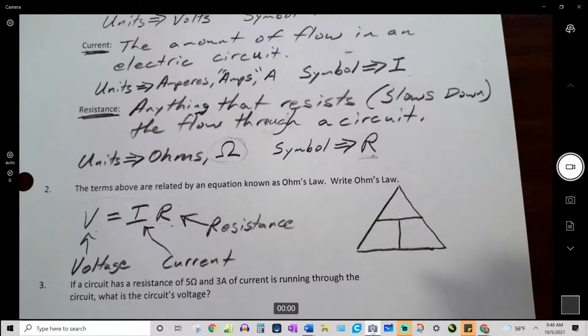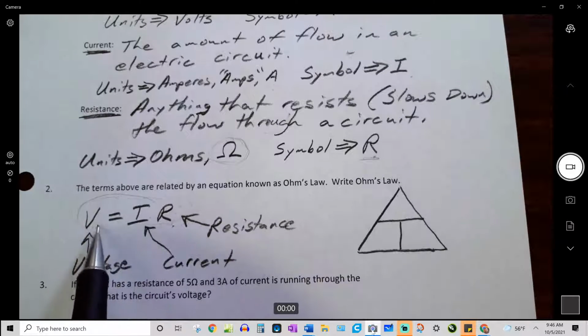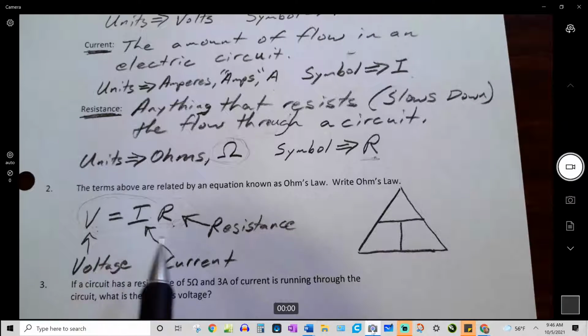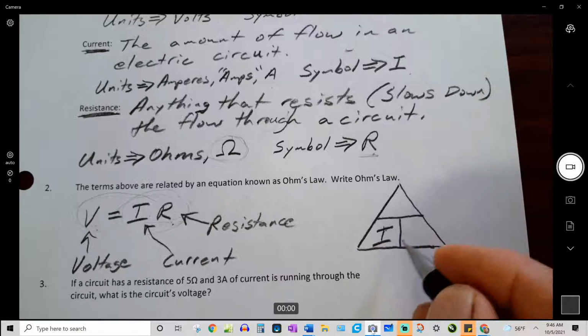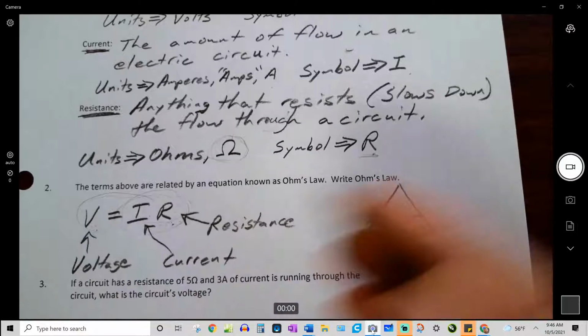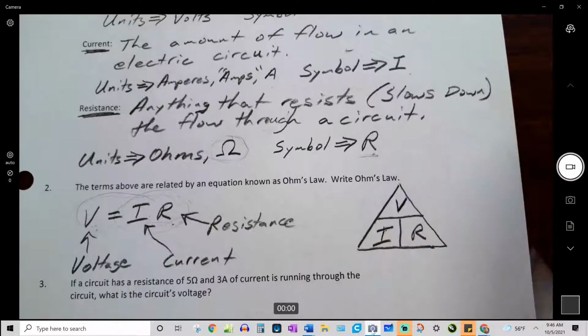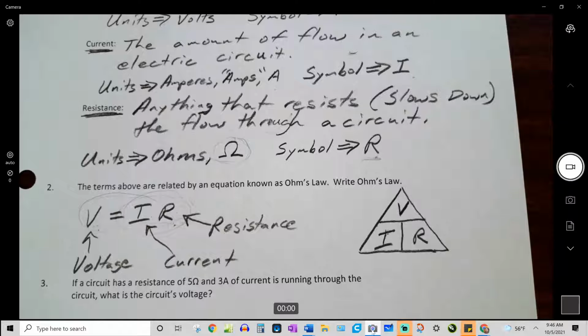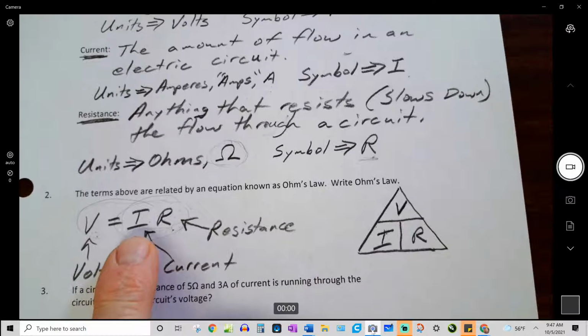So you take an equation that's something like V equals I times R, or it could be A equals B times C, or whatever. The two things that are multiplied together, you put them down here, and then the other thing goes up there. And the way this works, let's say your math teacher said, I'd like you to solve this for I, I want you to isolate I. Give me what I would equal.